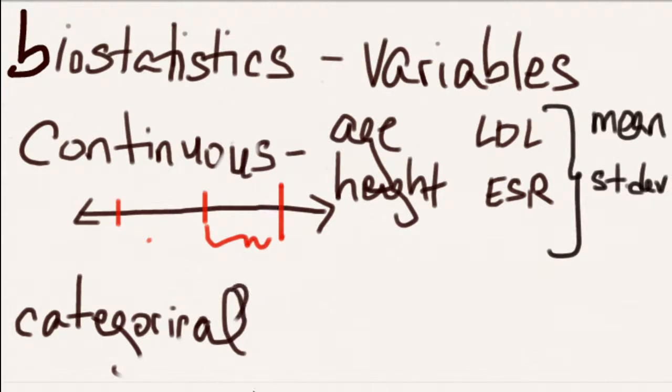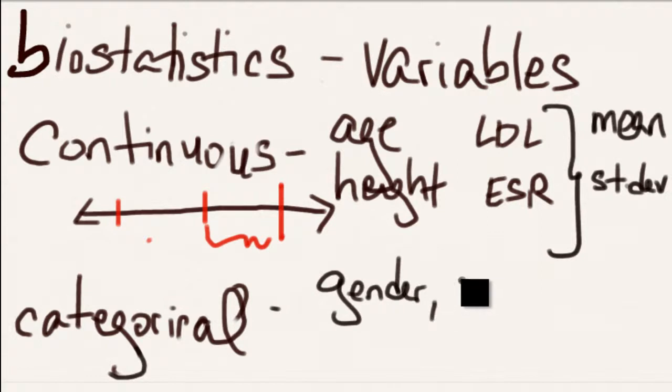Now you have categorical variables, and categorical variables are a little different. Let me give you some examples. Gender would be one. Here's another one: smoking status. Either you do or don't smoke.